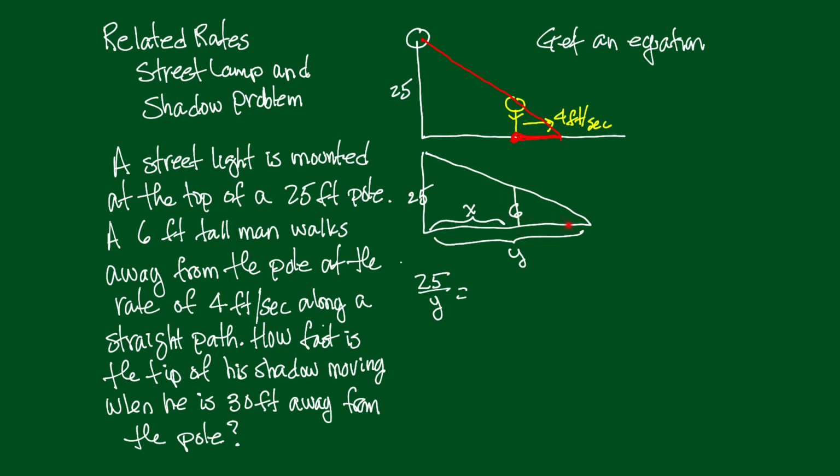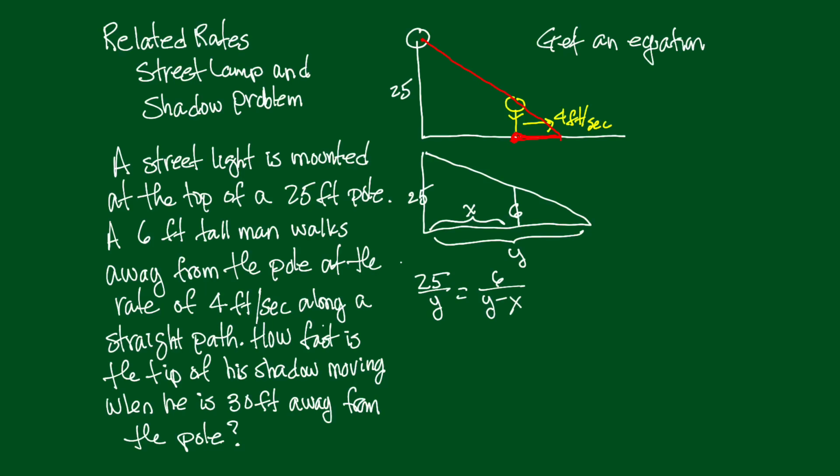Now, I didn't label that x. This is x over here. So what am I going to write here? This distance here is the entire distance y minus this distance here. So I'm going to write it like this. This is going to be y minus x. No, it's not. It's going to be 6 over y minus x.